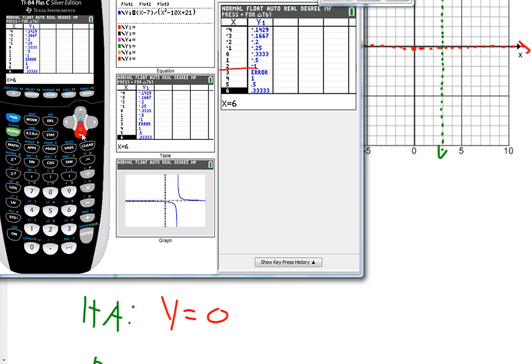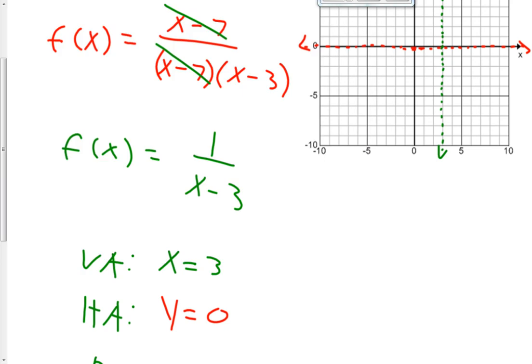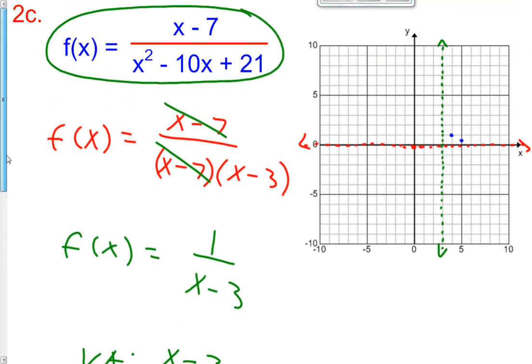Here's your error at x equals 3, so you're going to plot the points 4, 1, and 5, 5.5. So there we have it for this one.